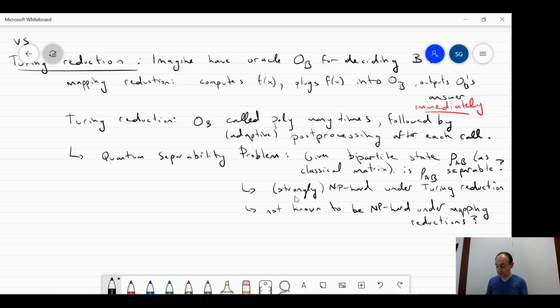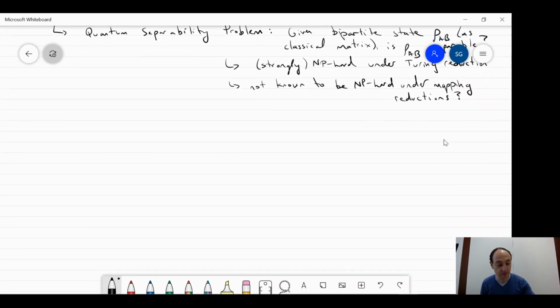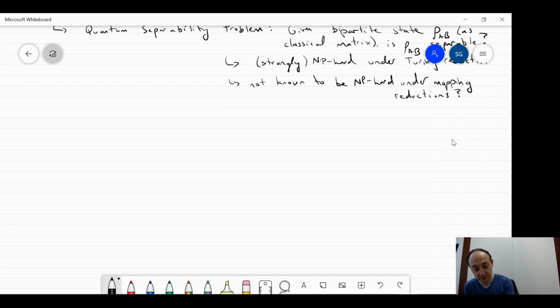Now, let's talk about NP completeness. So now I have reductions, and now I can define NP hardness and NP completeness. First, let's define NP hardness. Definition: NP-hard.